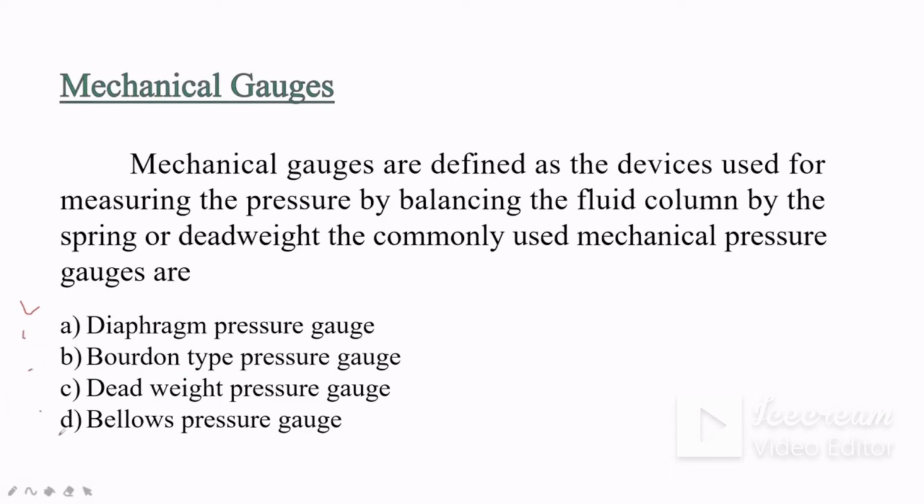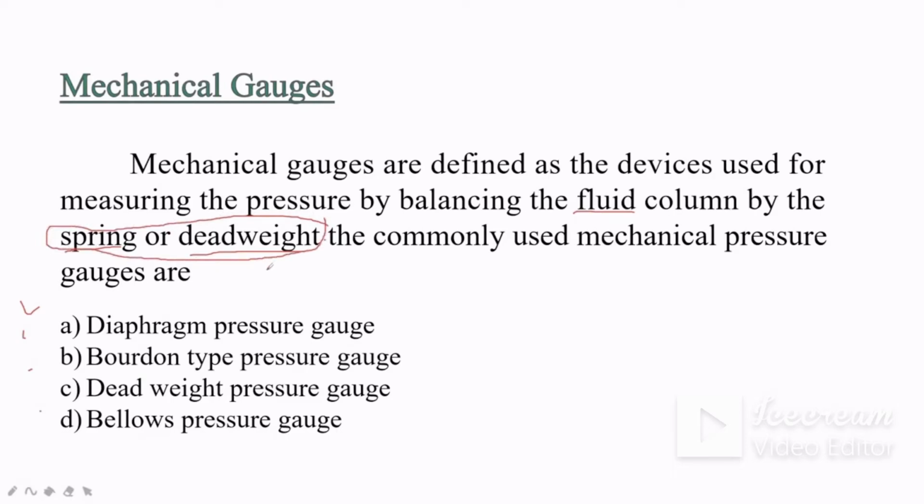So what are the mechanical gauges? Mechanical gauges are also defined as devices used for measuring pressure, just like manometers. These are also balancing the fluid column, but here the fluid column is balanced by what? Spring or dead weight. Keep this in mind. If the gauge is balanced by a spring or dead weight, it is a mechanical gauge.